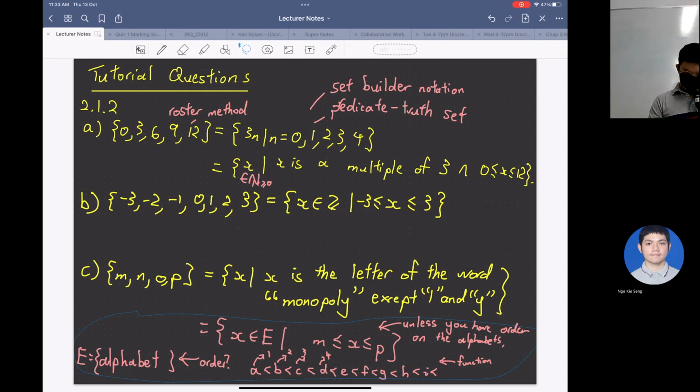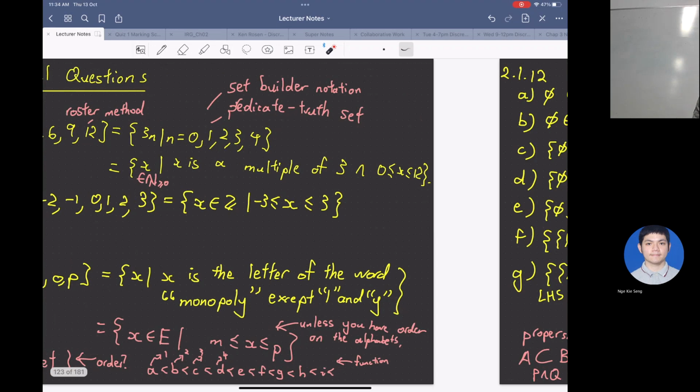Actually, this order is like a function mapping. It's a function. So you map between numbers and the alphabet. If not, then we skip to the next one.